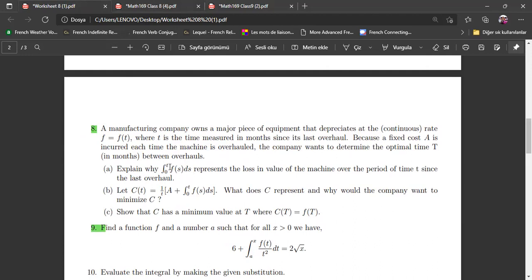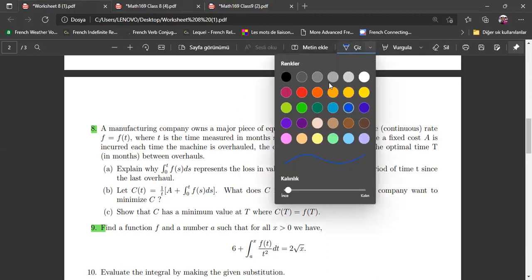Why this integral represents the loss in value of the machine over the period of time t, okay? So if we denote by, let me write here.